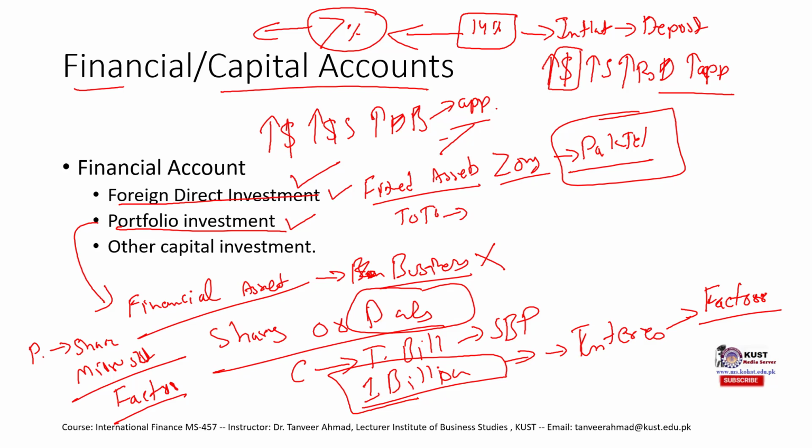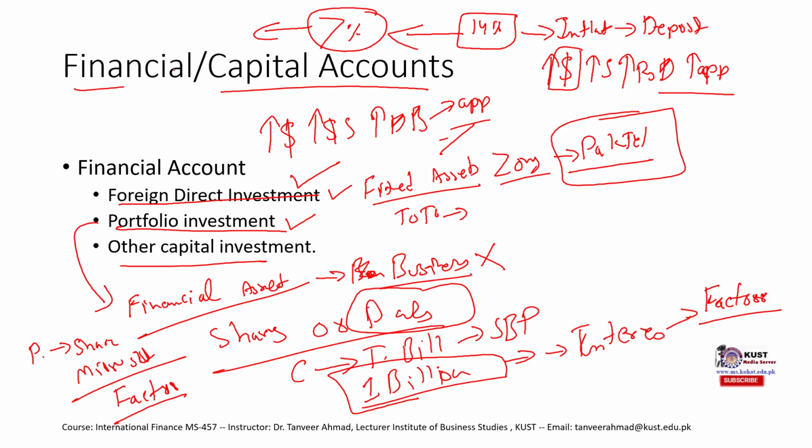Right? So this is the simple mechanism. Other capital investments are also there, but that is a small portion of this financial account, which represents transactions involving short-term financial assets such as the assets in the money market between countries.